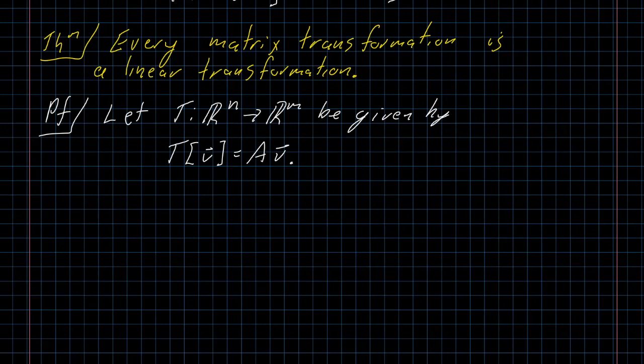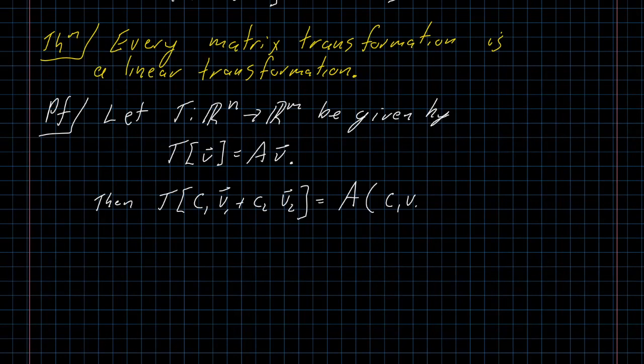Proving this isn't too bad. In order to do that, the first thing we need is a matrix transformation. So let's define a matrix transformation T. Then we need to have that transformation act on a linear combination, c1 v1 plus c2 v2. And of course, the definition of the transformation says that this is just A times c1 v1 plus c2 v2.